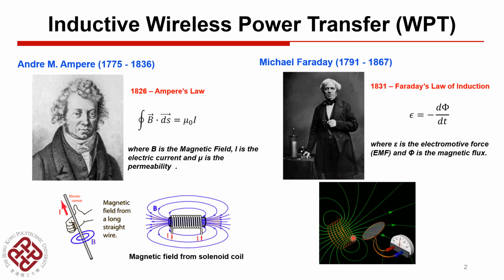The time-variant magnetic fields will be around. If you put the secondary coil with the fields passing through it, the energy will thus be transferred from the primary coil to the secondary coil wirelessly. So this is the fundamental physics of the inductive WPT.